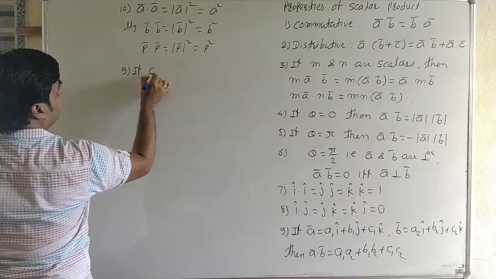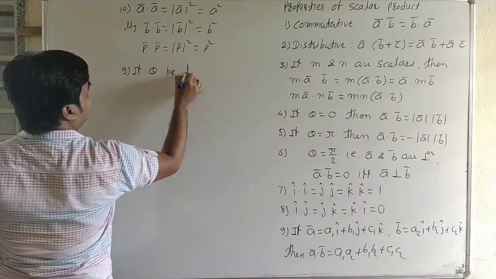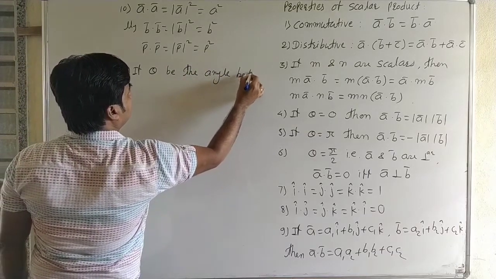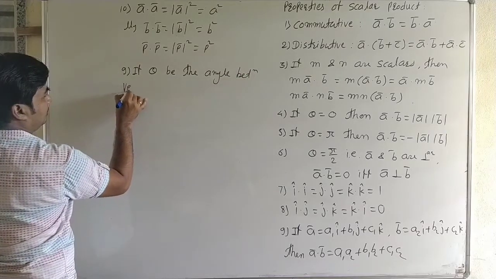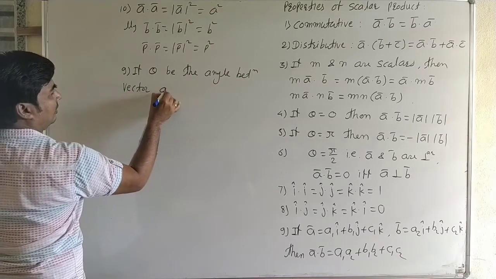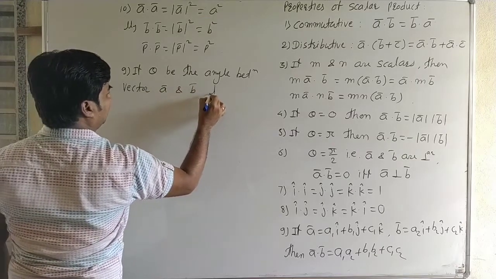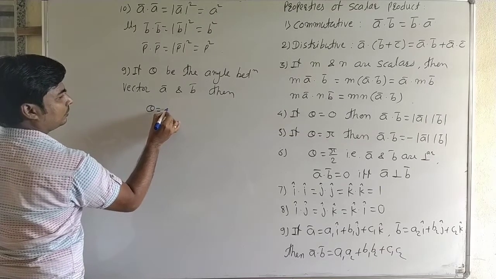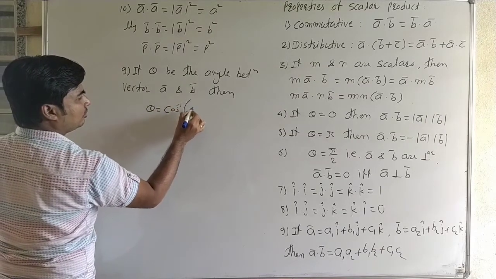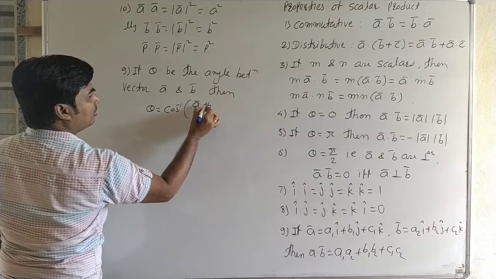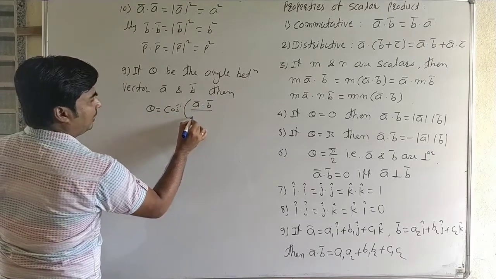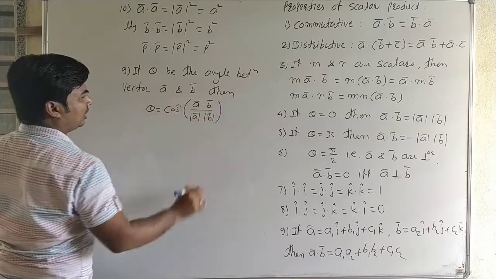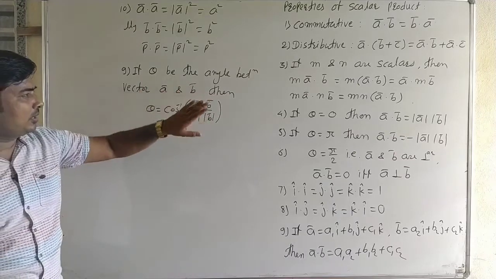If theta be the angle between vectors A bar and B bar, then theta is equal to cos inverse of A bar dot B bar upon magnitude of A bar into magnitude of B bar. Okay, or cos theta is equal to A bar dot B bar upon magnitude of A bar into magnitude of B bar.